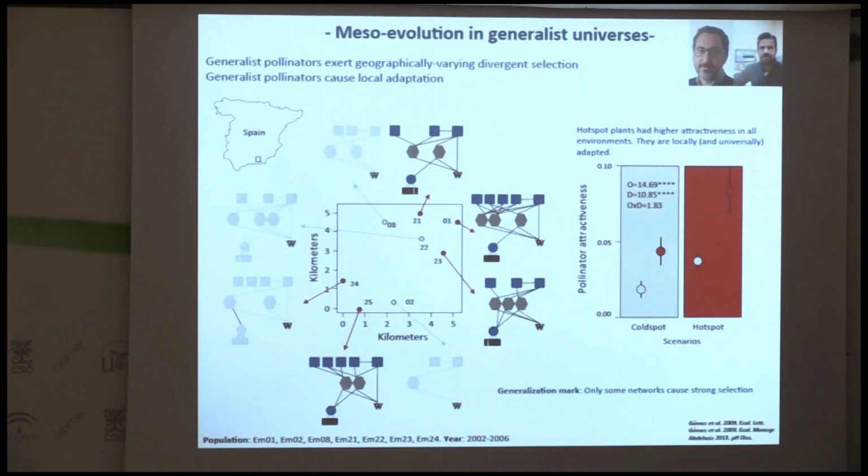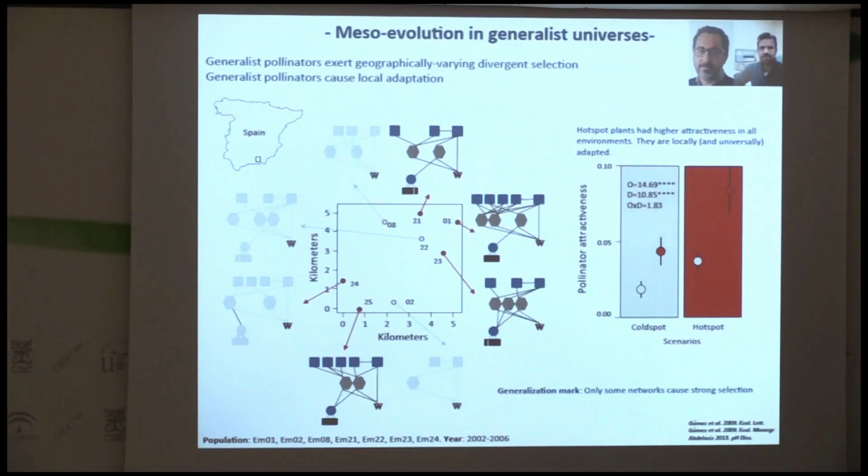There is no significant selection there. There are some populations that are cold spots from a coevolutionary point of view, but there are some populations in which there is natural selection occurring. They are hot spots of coevolution. It's something that is probably more common than previously thought in generalist systems.